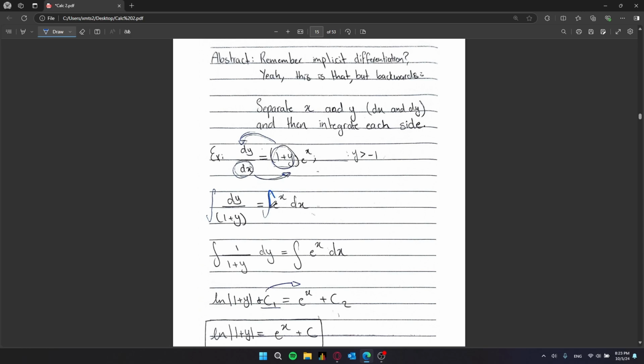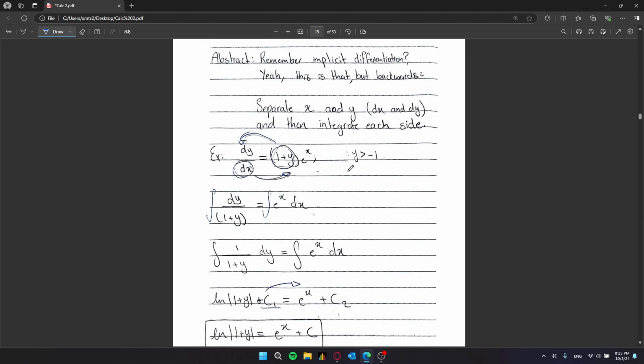Because if you try to integrate this value here, it's going to be difficult to integrate, because what are you integrating it with respect to? Or if you multiply by dx here, the integration of 1 plus y e to the power of x dx is going to be difficult, because you have two variables.